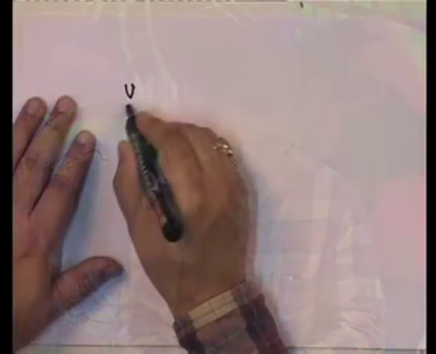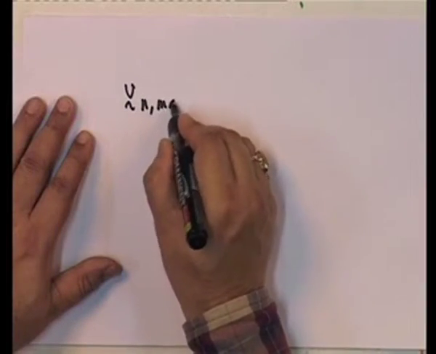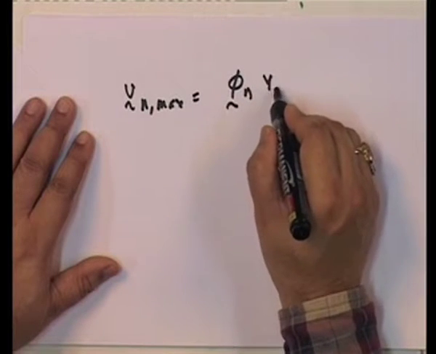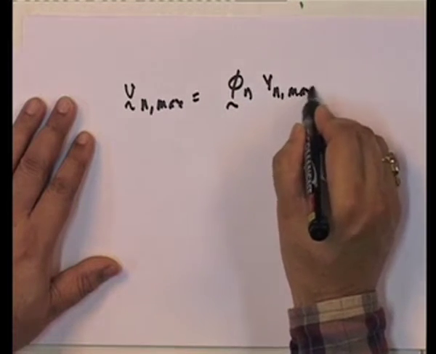Now, what does this mean in terms of V n max? What is V n max? V n max is nothing but the contribution of the nth mode to the displacement. So, V n max is nothing but phi n into y n max.